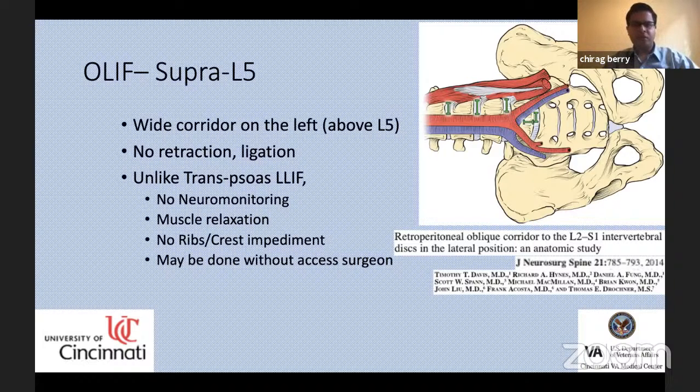And unlike going through the psoas, you do not require neuromonitoring. You can have complete muscle relaxation, which helps with your approach. The ribs and the iliac crest don't come in your way, and you can do these approaches without needing an access surgeon most of the time when you're staying above L5.